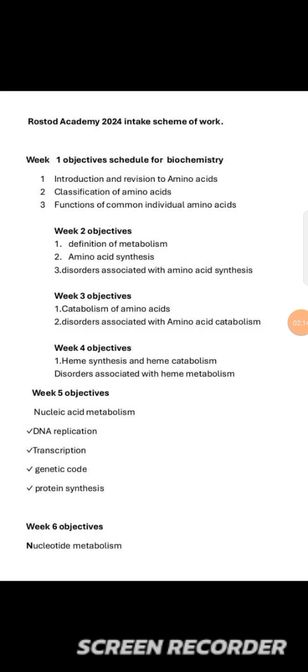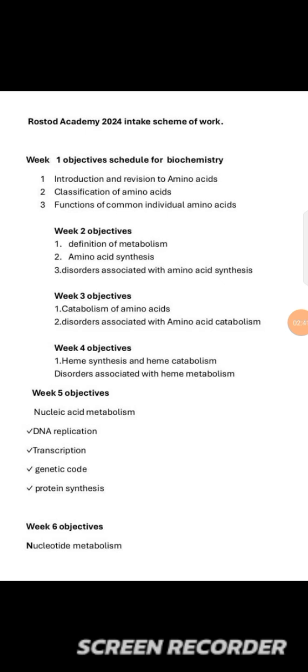Week 2, we deal with the actual metabolism now. Metabolism is made up of two parts, the synthetic part and the catabolic part, meaning the building and the breaking. So for amino acid metabolism, we do it in two parts as well, the anabolic part as well as the catabolic part.